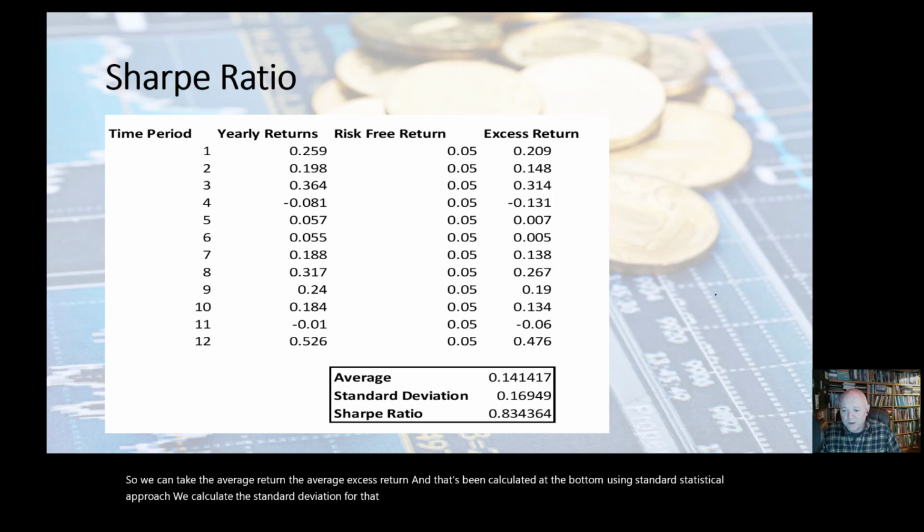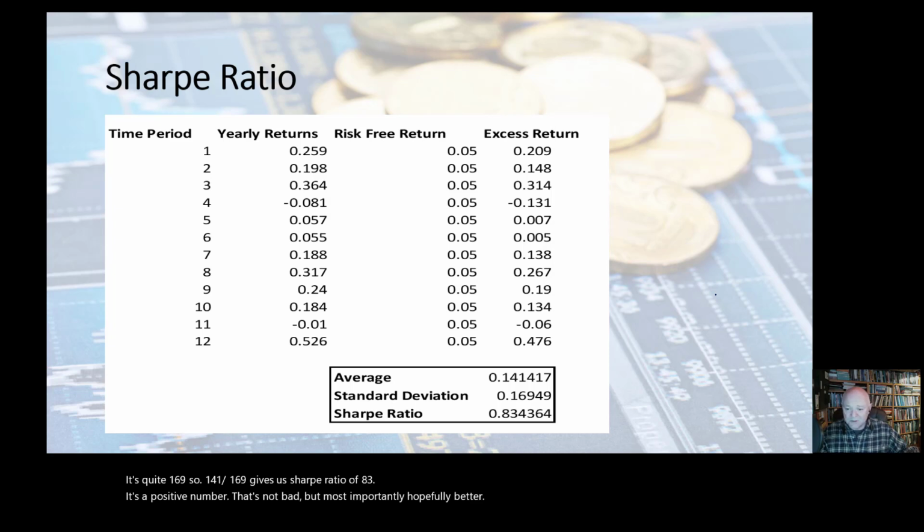It's 0.169. So 0.141 divided by 0.169 gives us a Sharpe ratio of 0.83. It's a positive number, that's not bad, but most importantly, it's hopefully better than our competitors. So the highest Sharpe ratio is the best fund manager.